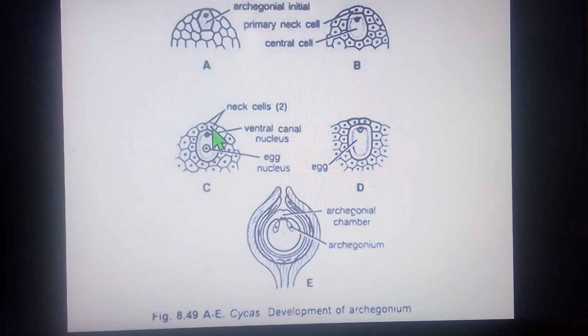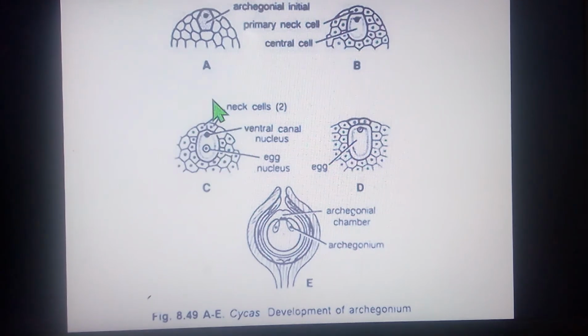You can see here these two are the neck cells which form by the division of the primary neck cell. And the central cell will first enlarge in size and become vacuolated.